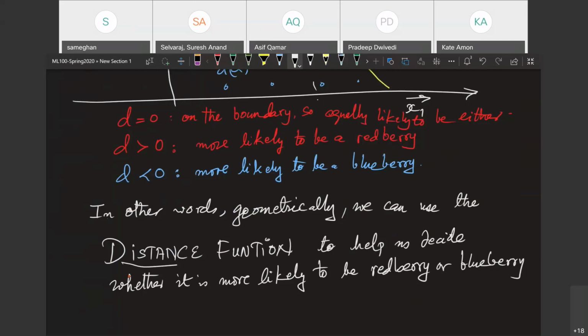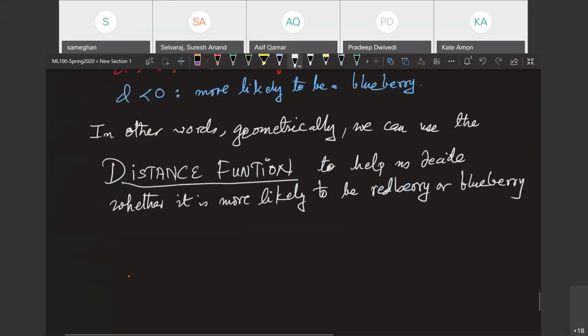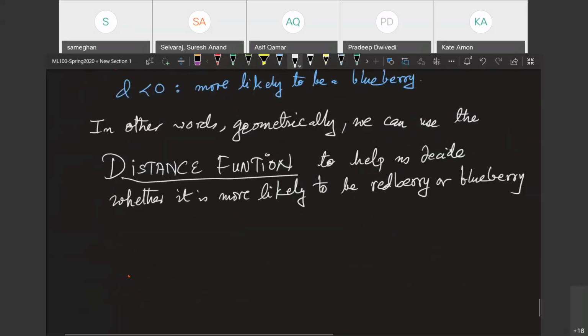This distance function has a definition, distance function of any arbitrary point x. The word arbitrary is often used in mathematics. It means that you just pick a point with nothing special about it, any random point. People don't use the word random, they tend to use the word arbitrary point in mathematics.